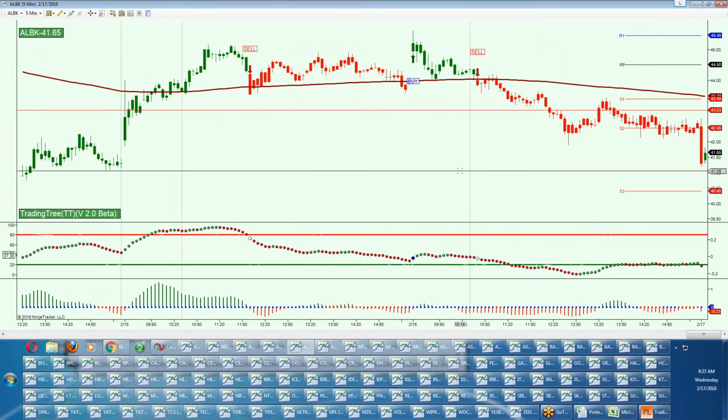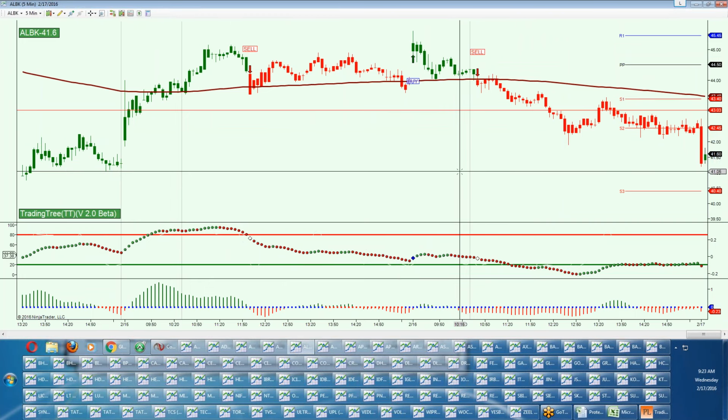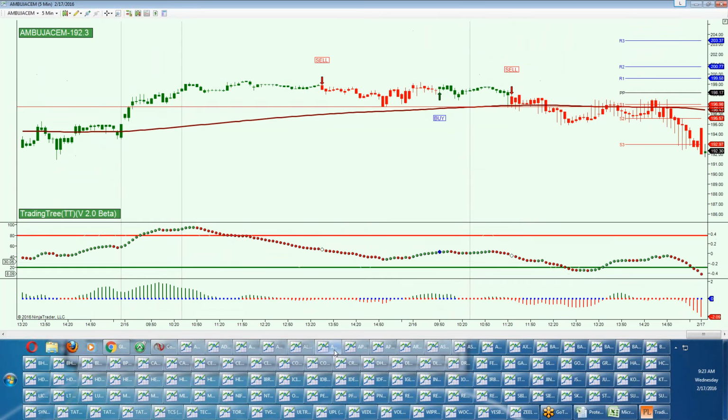That's ALBK. You can short it at this level. It's always better, when you have a gap up or a gap down open, to wait for some time and then get into the trades.